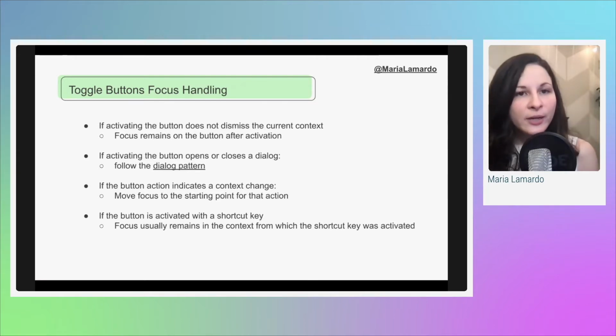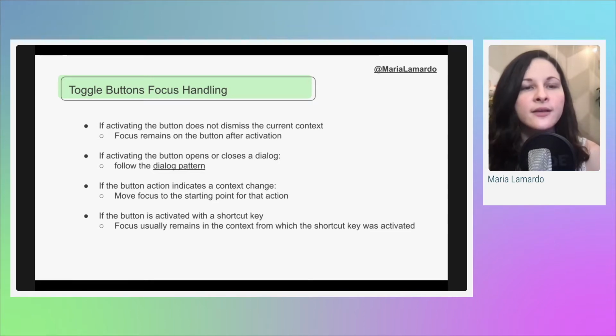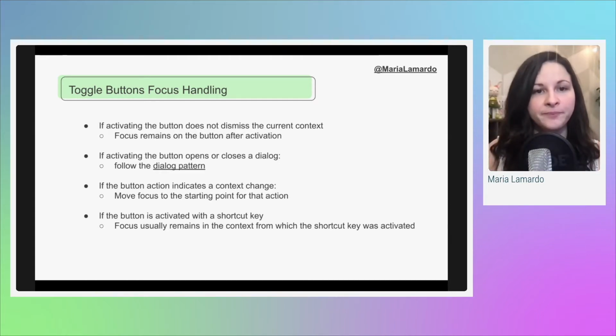So let's talk a little bit about how we want to handle the focus for toggle buttons. There are 4 different ways that you can go about this. Number 1, if activating this toggle button does not dismiss the current context, then the focus should remain on the button.